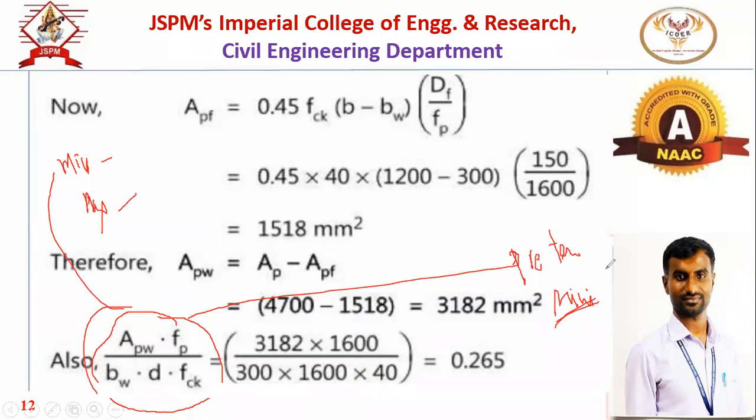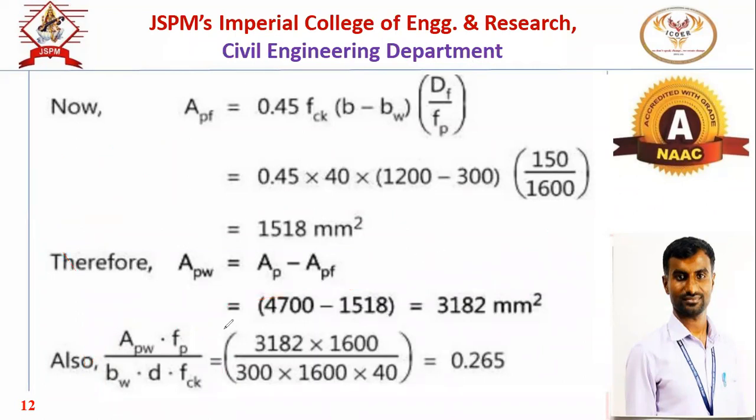As per table number 11, the minimum value is 0.25 and the maximum value is 0.4.